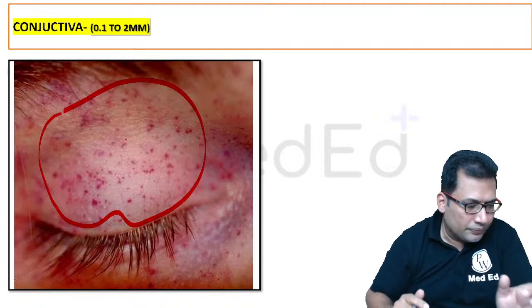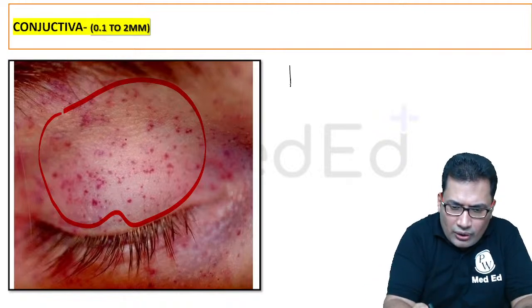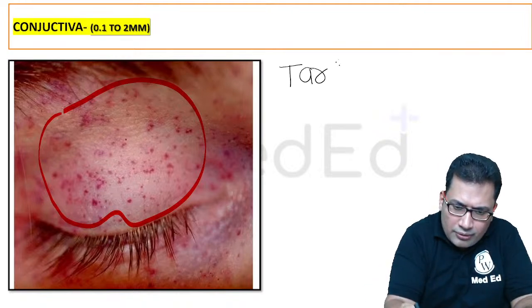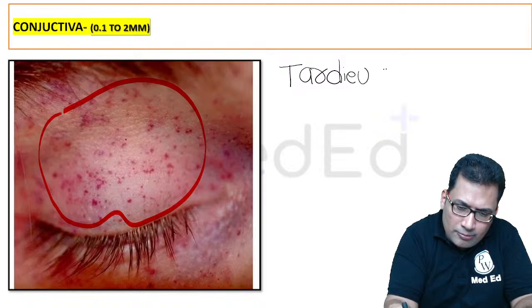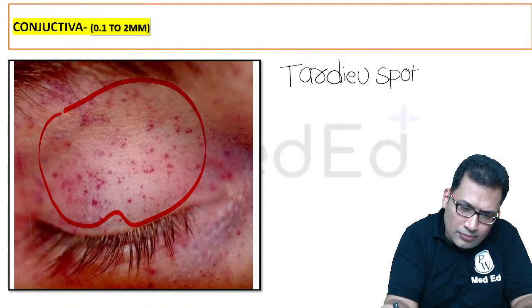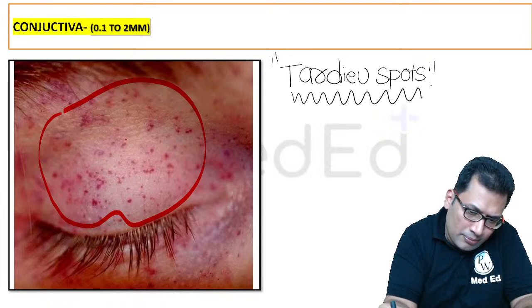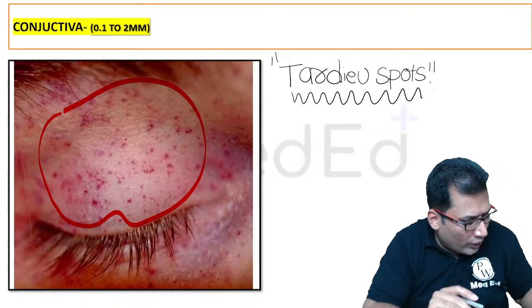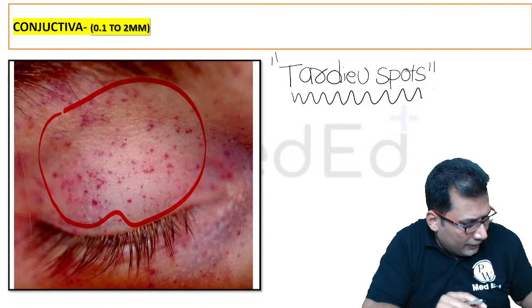Yes, good. So all these are known as Tardieu spots. Tardieu spots.